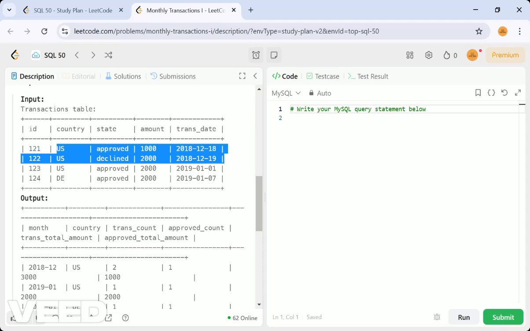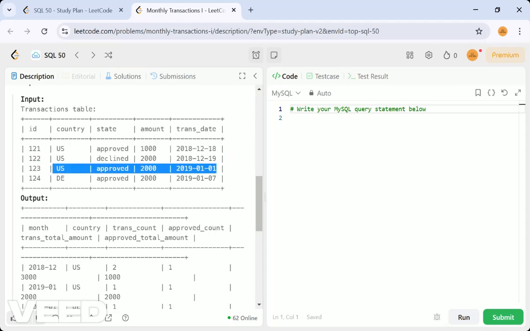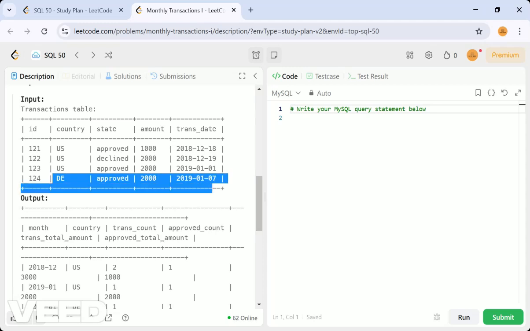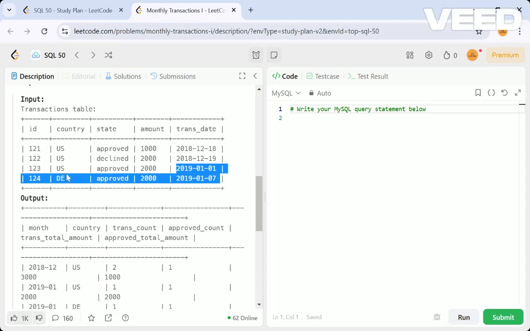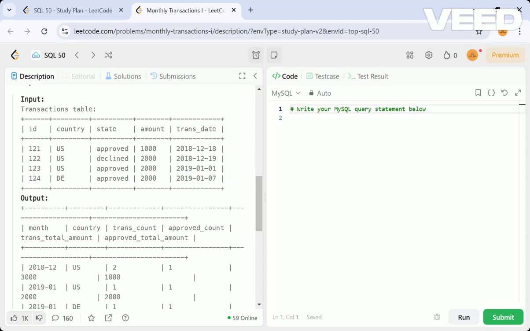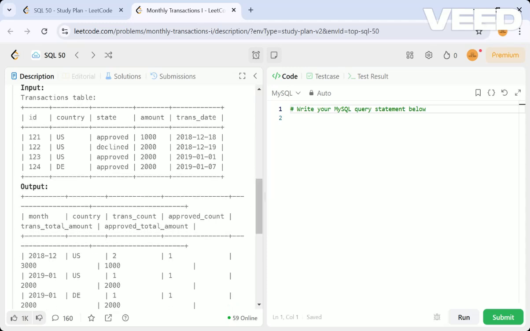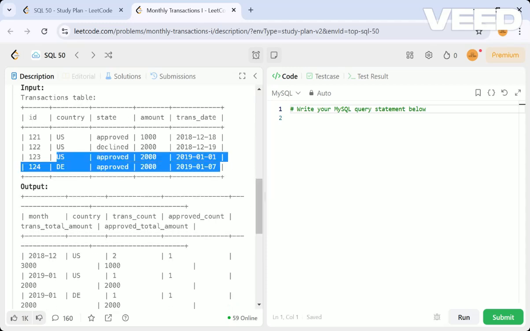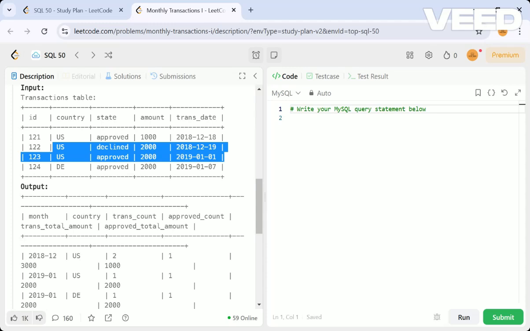So this is one group, and this US one is another group because it is 2019-01. Even if the date is the same, if the country is not the same, it will not be grouped together. So we combine country and date, and we are getting three groups here, because the country and date combination is different in these, and in these two the country is the same but the date is different.